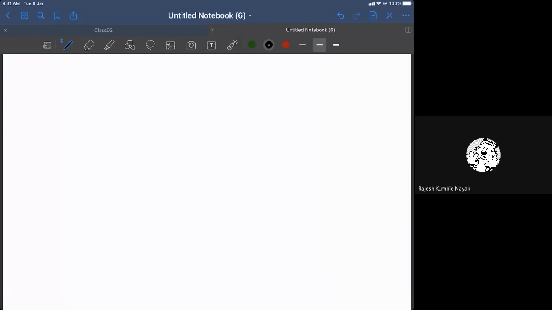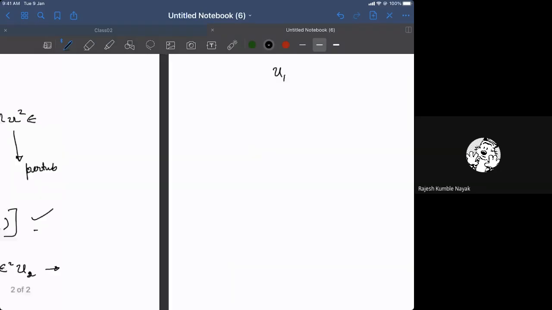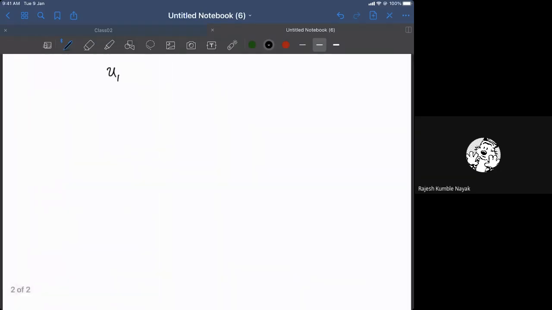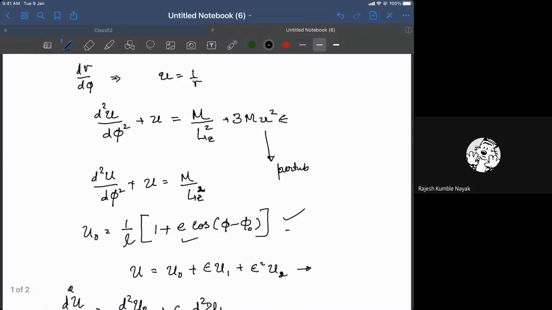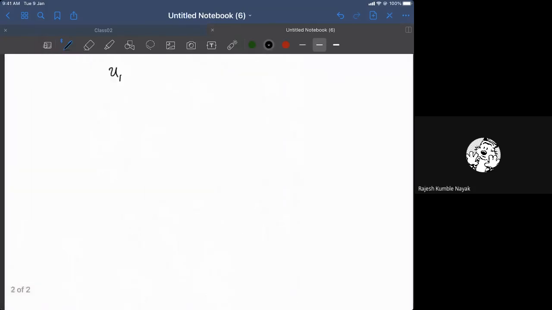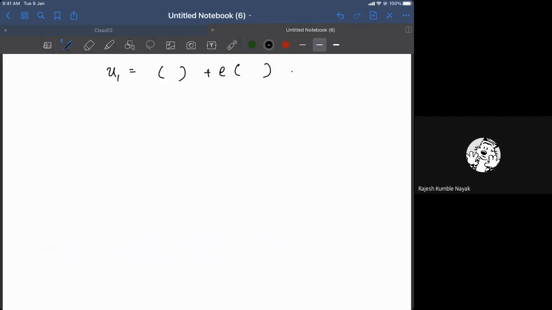Otherwise, you do not really get the exact order. Once you get the u1 term, we do a further approximation in terms of eccentricity. The actual solution can be written, I can give that, but it would have some terms plus e into some terms plus e square into some terms.